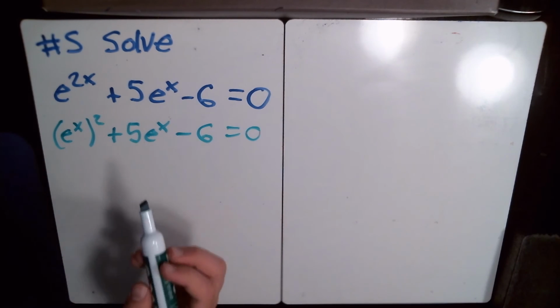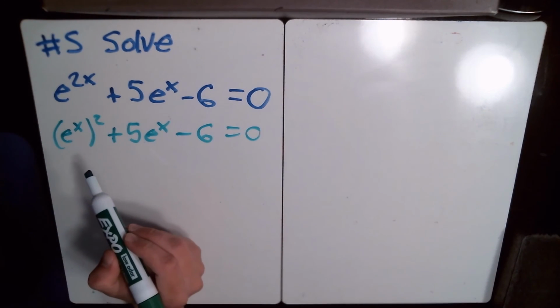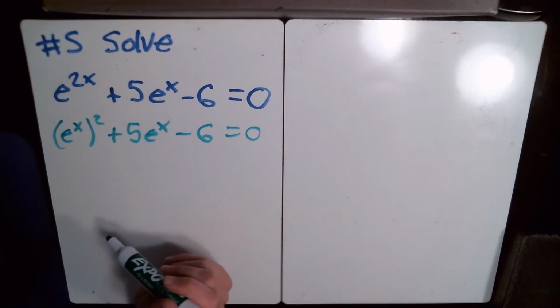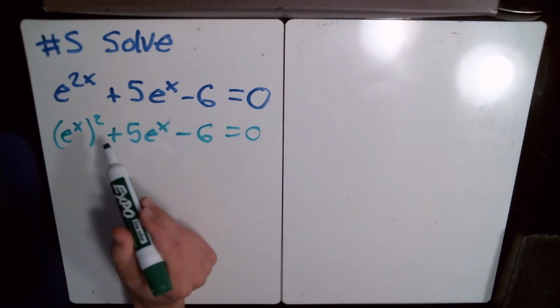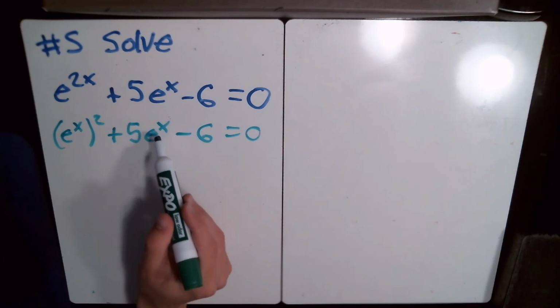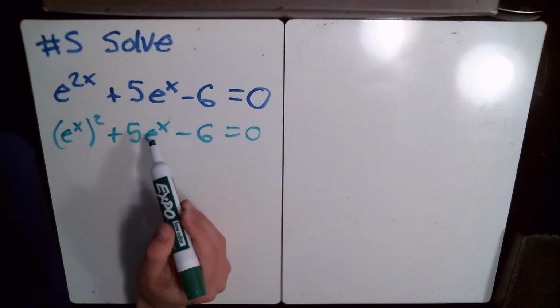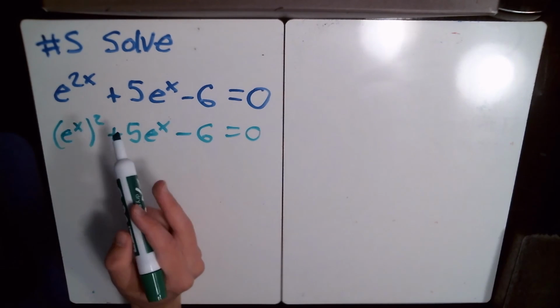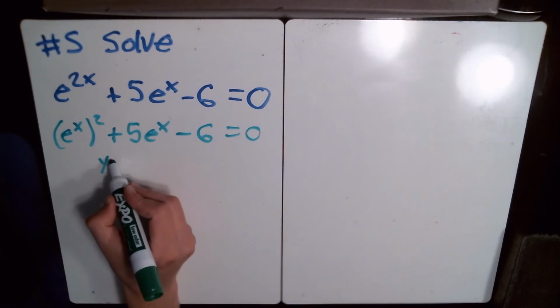So if you notice here, what you're really doing is you have a quadratic type function just with e to the x replaced where normally there's x's. So what I'm going to do is a substitution for e to the x.